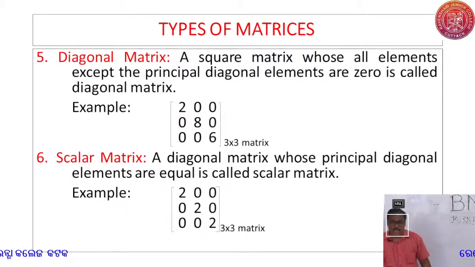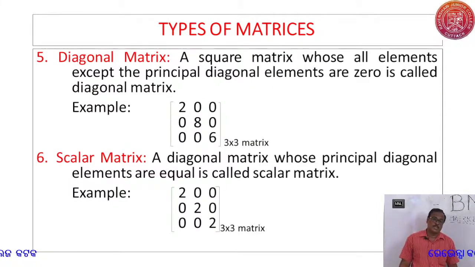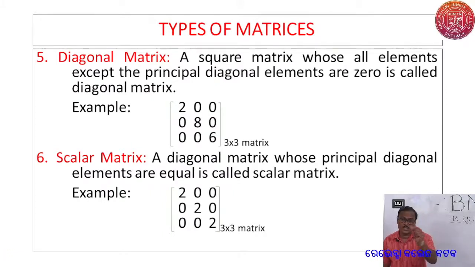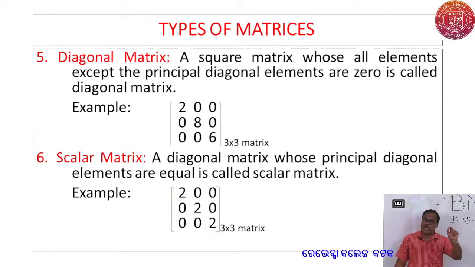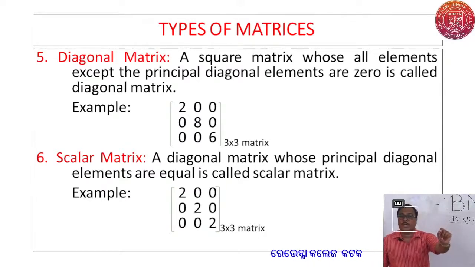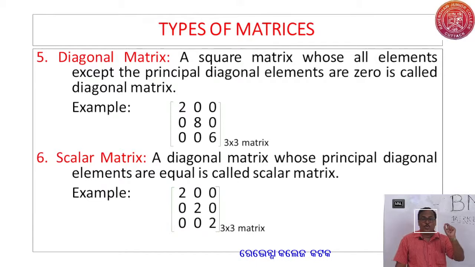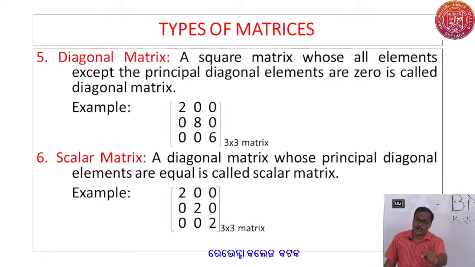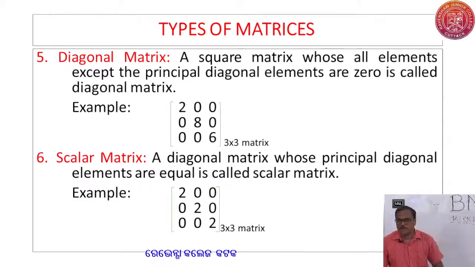diagonal matrix and scalar matrix. Remember, a diagonal matrix has two characteristics. One is that a diagonal matrix must be a square matrix, that means the number of rows and columns must be equal, otherwise this is not possible.